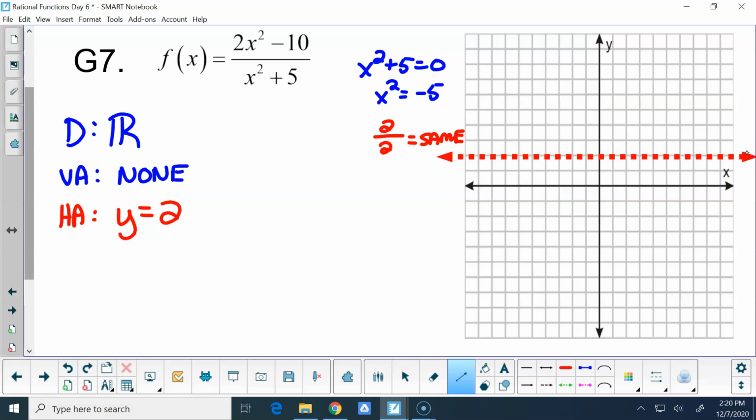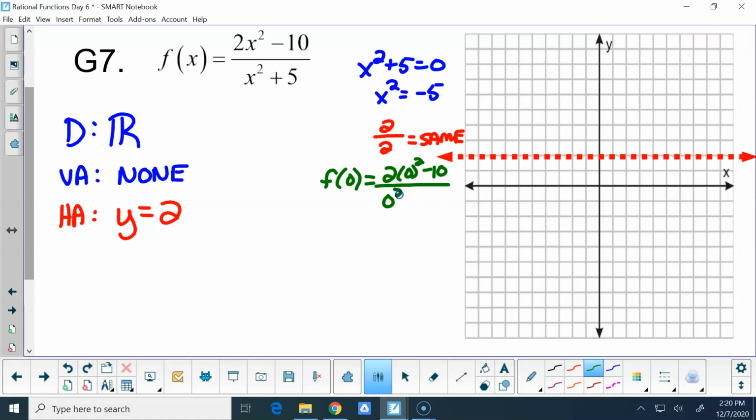Love it. Okay. Next up, y-intercept: my f of 0 is going to be 2 times 0 squared minus 10, over 0 squared plus 5. That's going to be negative 10 over positive 5, which is negative 2.